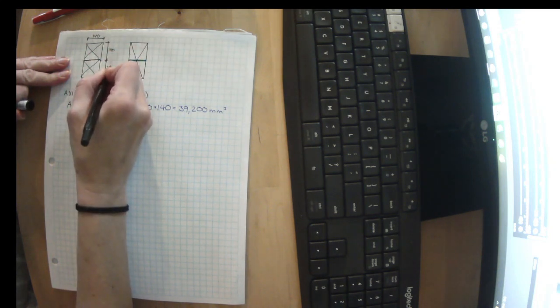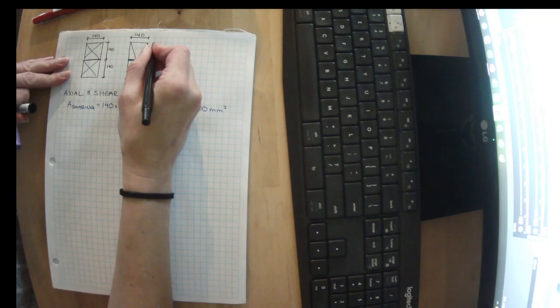This is 140 wide, and because we've bonded these together, we've effectively made that 280 millimeters deep. So that's our load sharing.